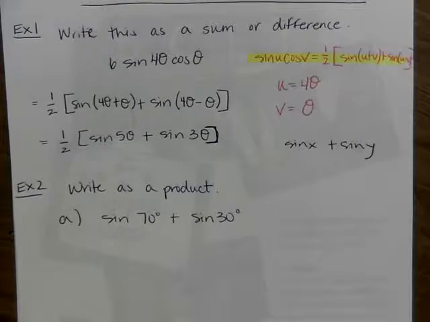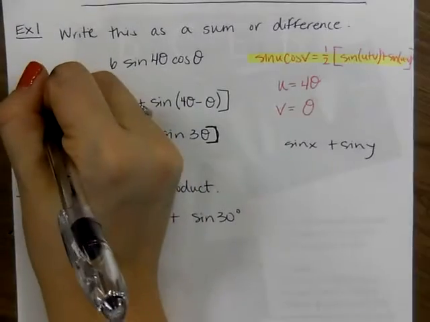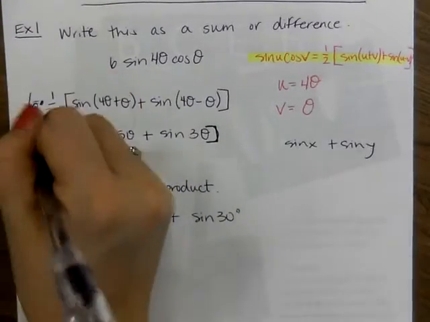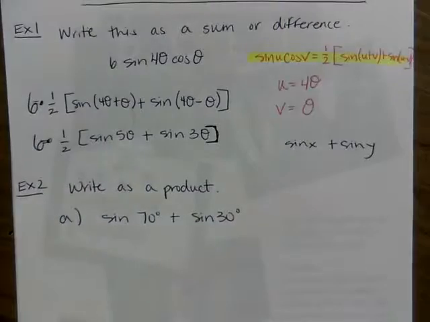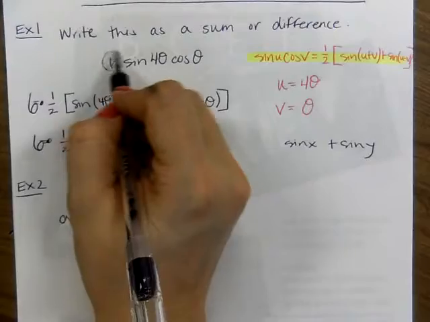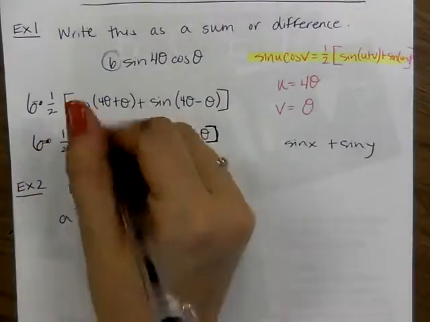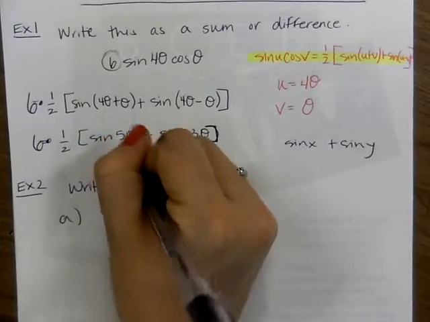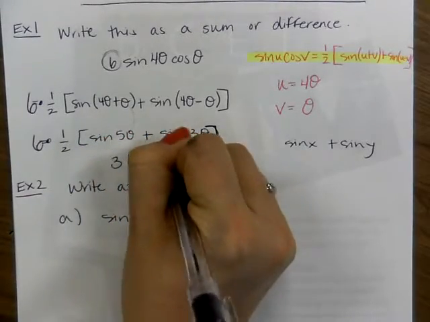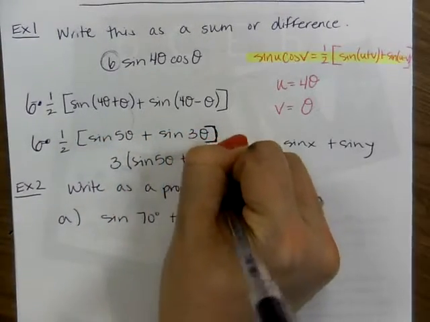Oh, the 6, I forgot about the 6. Rewind. There really should be a 6 out front here being multiplied, right from the original problem. I dropped it out of the problem. So you need to do 6 times the 1/2. So really you should get 3 times the sine of 5 theta plus the sine of 3 theta.